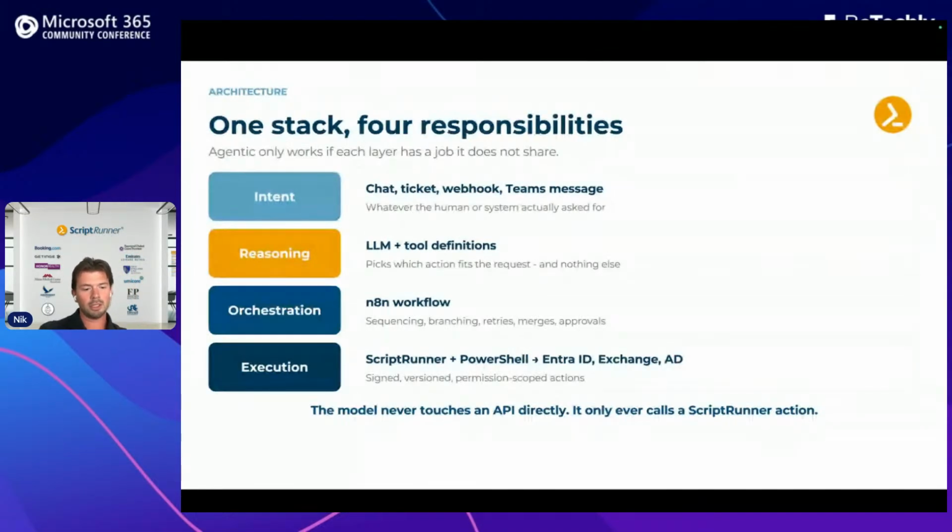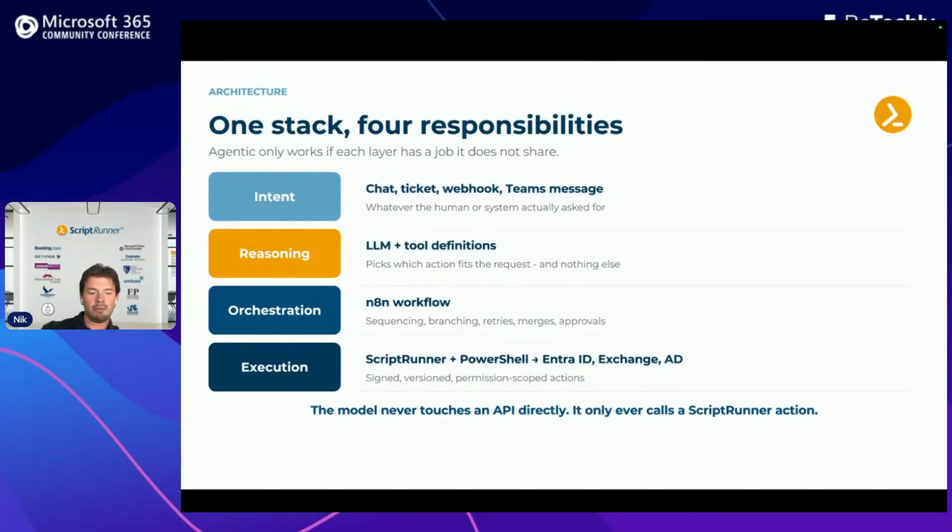Now here's a sentence I would like you to take away from the slide, and I'm going to say it twice. The model itself, the LLM, never touches an API directly. It only calls a script runner action. Once I show the demo, it will become clearer. But what we're not doing here is giving ChatGPT or any LLM a PowerShell prompt and hoping that it does the correct thing.